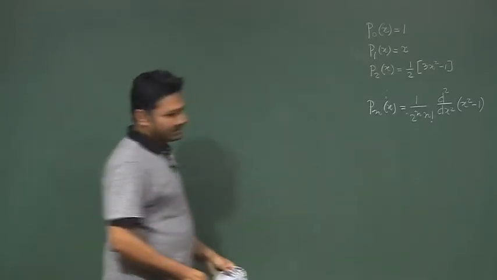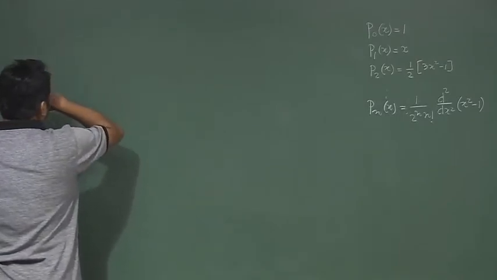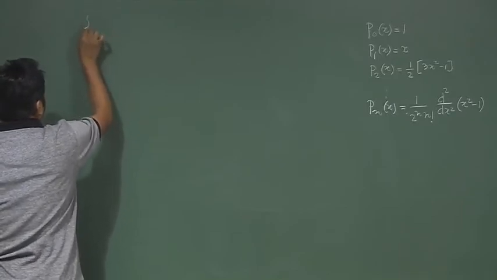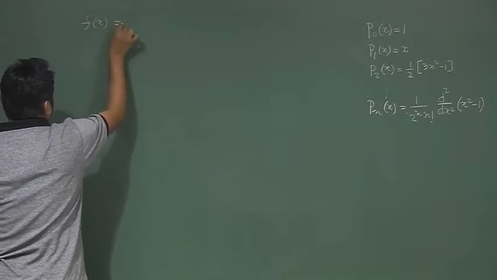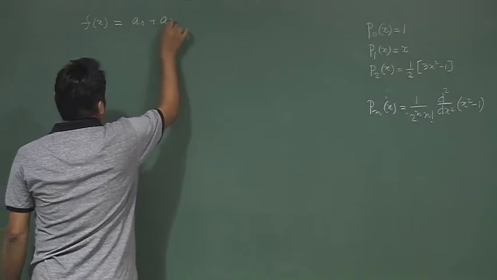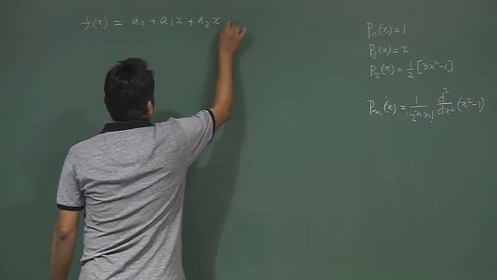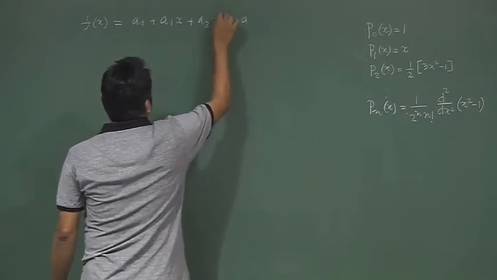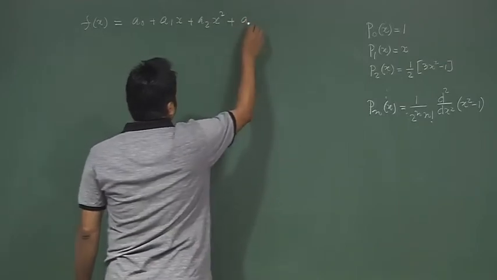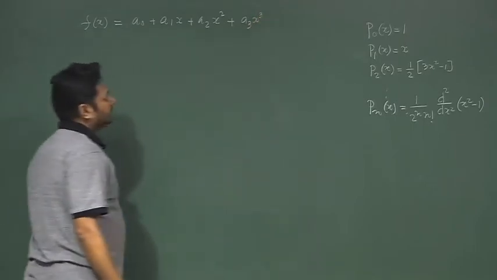Now, let me try to do some example, some problem. I try to make it general. So, a function, say a0 plus a1 x plus a2 x square plus a3 x cube, something like this.